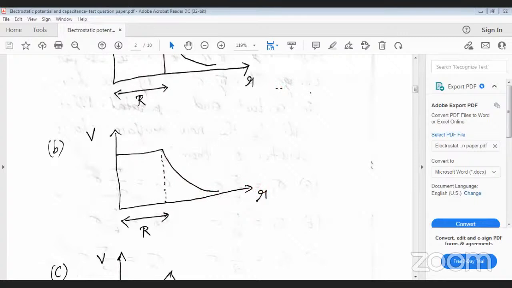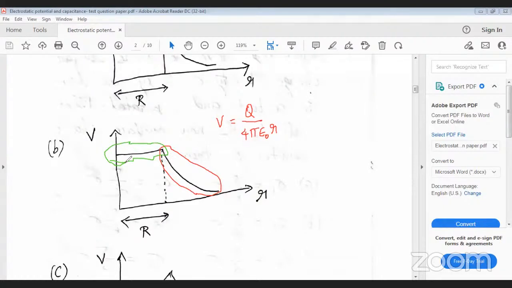And why is it so? Because you have this relation V equal to Q divided by 4 pi epsilon 0 into R. According to this relation, the electrostatic potential is inversely proportional to the radial distance r, and this relation holds only in this region, because from the interior to the surface the electrostatic potential is constant.